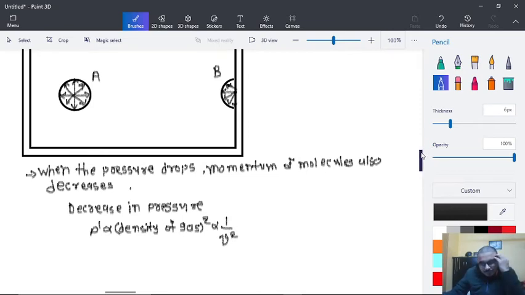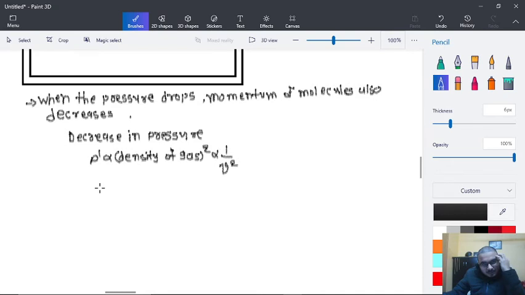So here P prime is equal to A divided by V square. So this is the decrease in pressure.